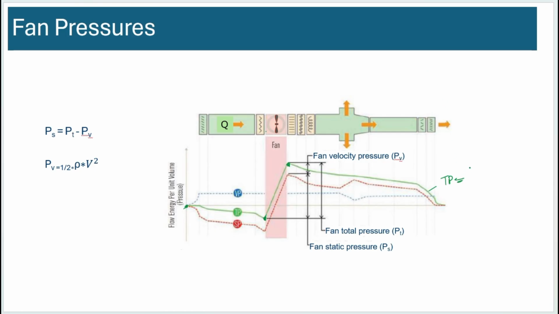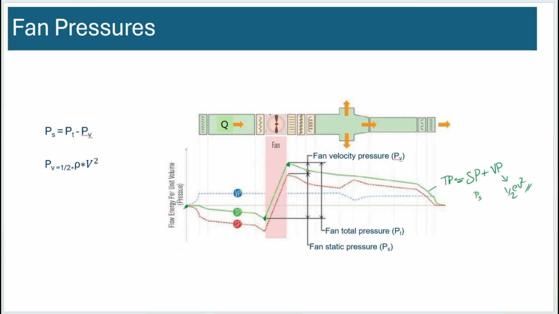It's the pressure corresponding to the total mechanical energy in the system, and it's a sum of the pressure energy, which is the static pressure energy, plus the dynamic energy, which is the velocity pressure. Okay, so velocity pressure is usually half rho v squared, right? Where v is the average velocity. And static pressure, if we have a static pressure sensor, is measured by that. Whatever that pressure measures is the static pressure.